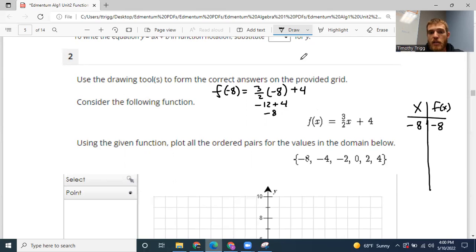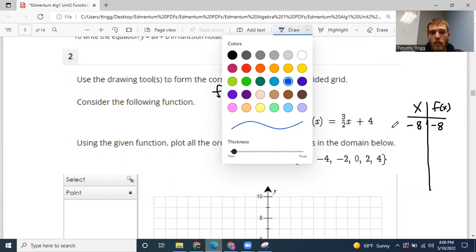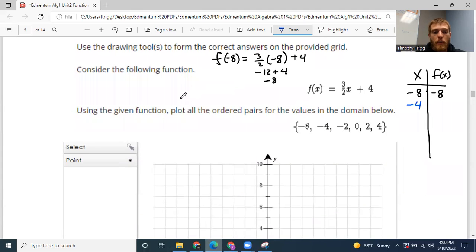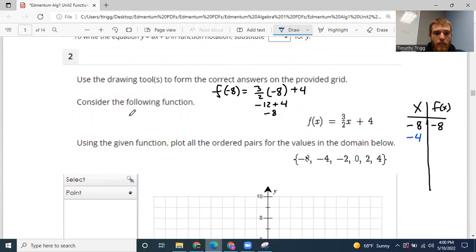I'm going to go ahead and help you with the next point as well. So here we're going to try an input of -4. I'm going to go ahead and change colors here. Let's go ahead and figure out what the resulting output would be. So I'm going to use the same function, but this time I'm replacing the input with -4. So 3/2 times -4 plus 4.